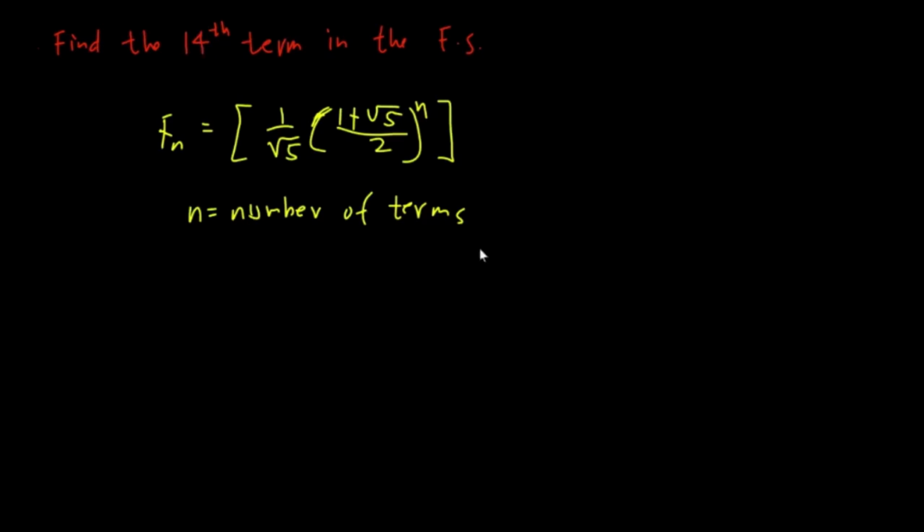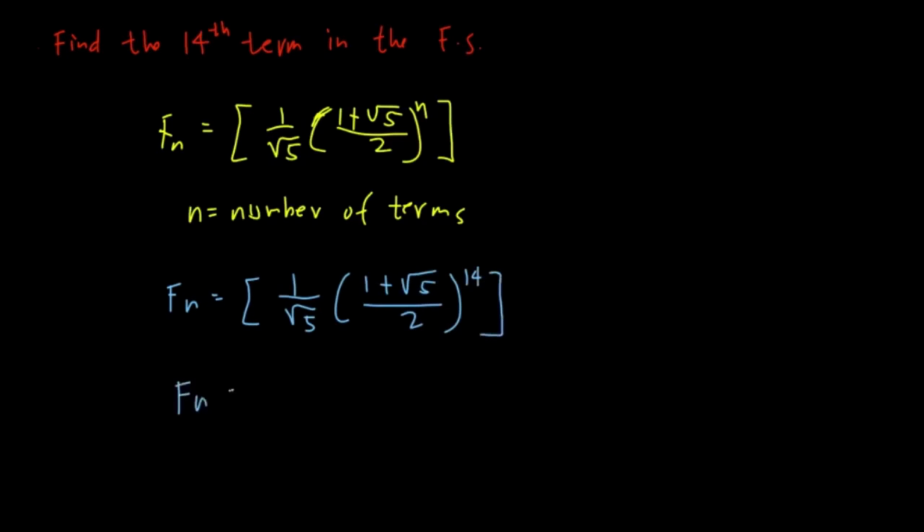That is what we mean by the number of terms, the n. So we will try to solve this one. We have Fn is equal to 1 over square root of 5, times 1 plus square root of 5 over 2, raised to the power of 14.